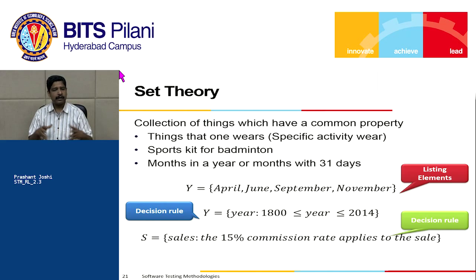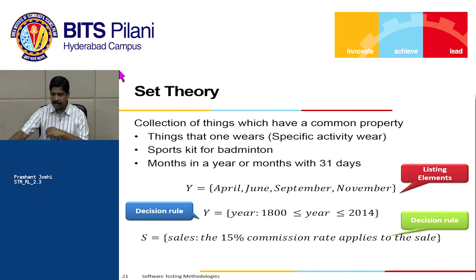Simple set theory: a collection of things which have a common property. Months in a year, or sports kit for badminton, where the common property is that it is meant for badminton. Months with 31 days, for example.